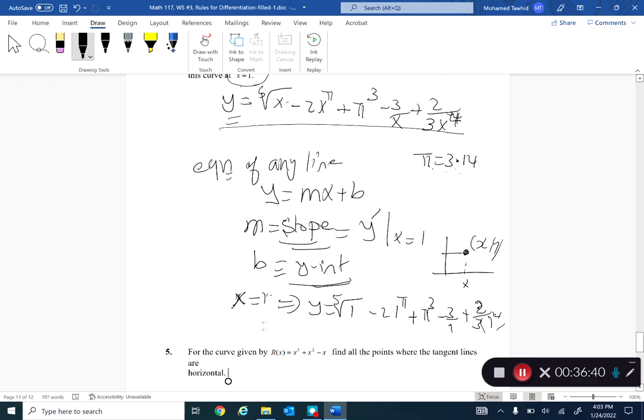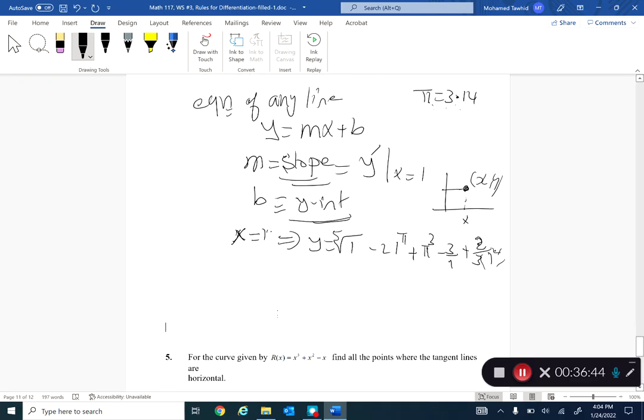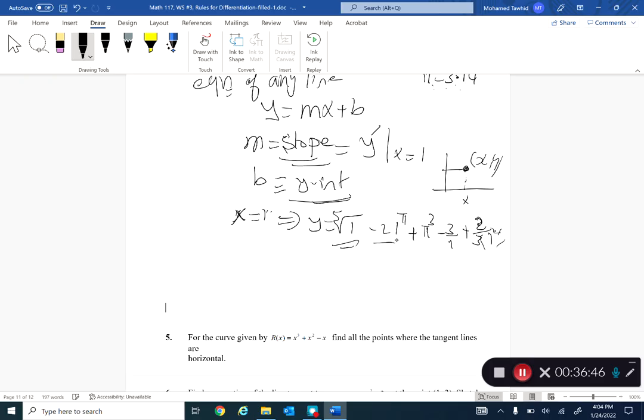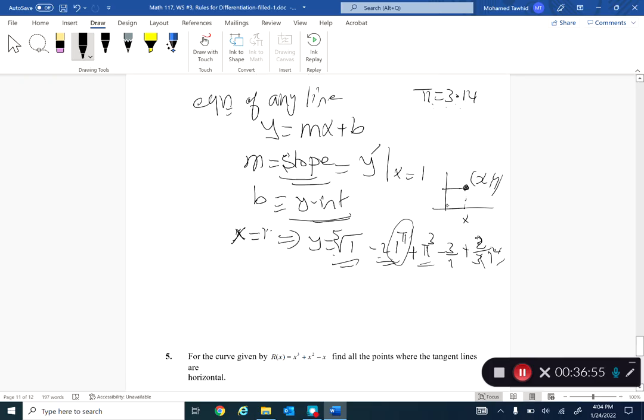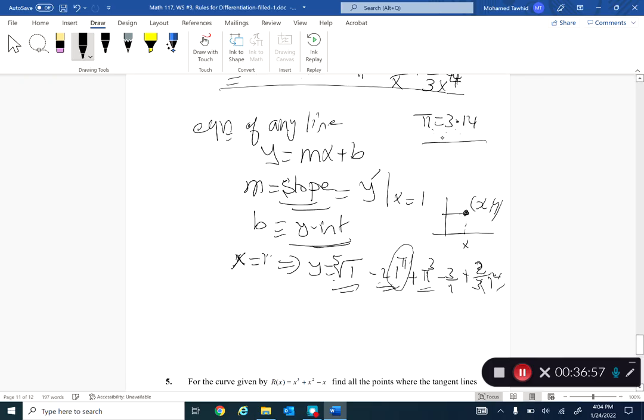Then you have to use technology to get the value. 1 minus 2, and pi is 3.14, 3.14 to the power 3, minus 3, and here you have 2/3. If I use technology for this, you will get y is 27.